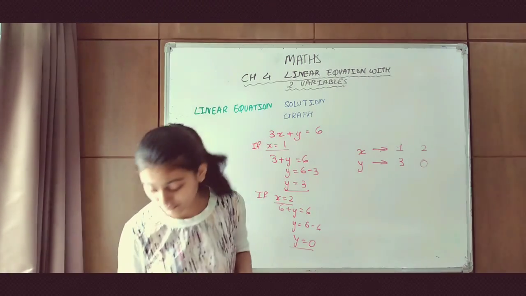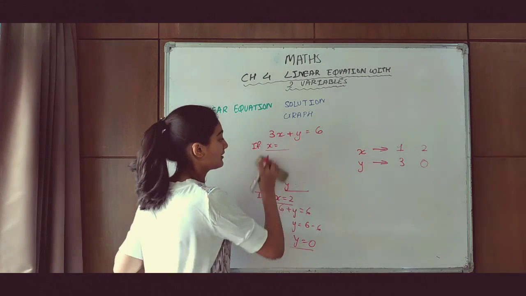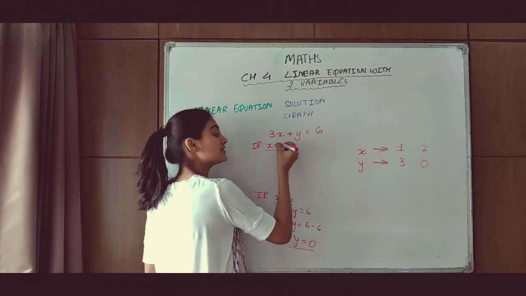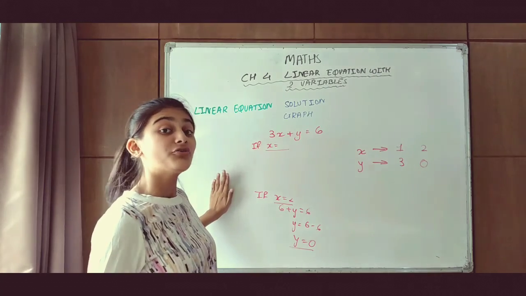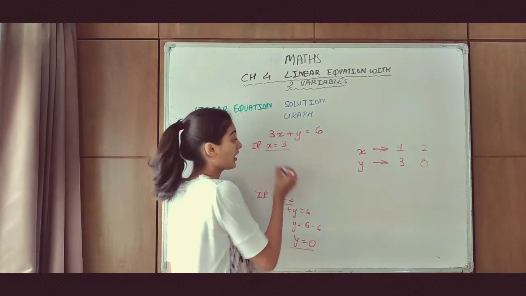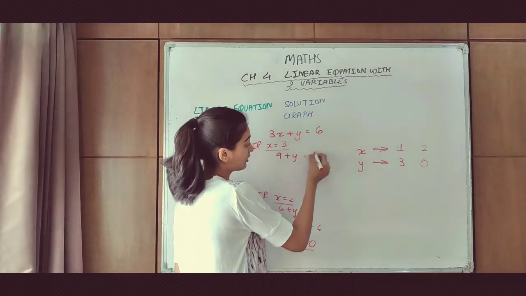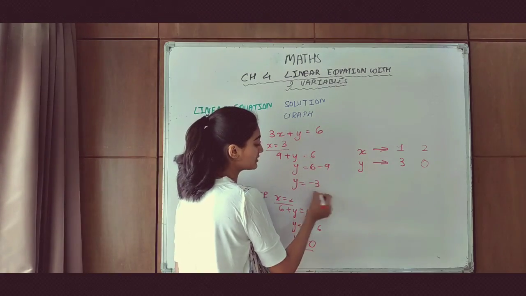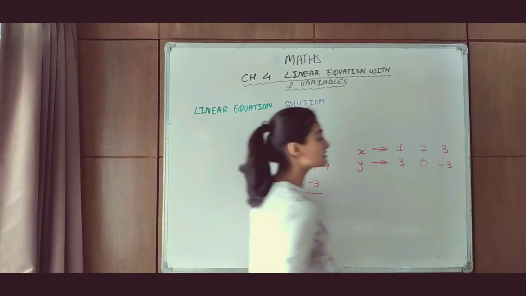Now let's take another solution. We are deriving this, which means we are finding solutions. So if x is equal to 3, then 9 plus y is equal to 6, so y is equal to 6 minus 9, so y is equal to minus 3. So if x is equal to 3, then y is equal to minus 3.